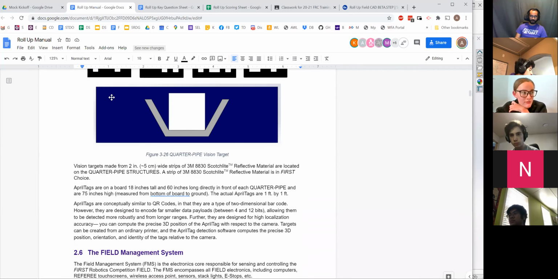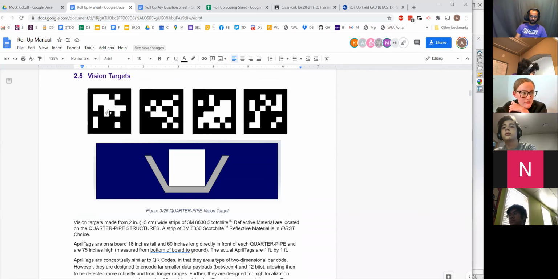And so each one of these patterns would specifically mark either the blue feeder, blue goal, red feeder, red goal. So your robot could identify which thing it was looking at, not just that it was seeing a vision target. It would know which goal or which quarter pipe it was looking at.